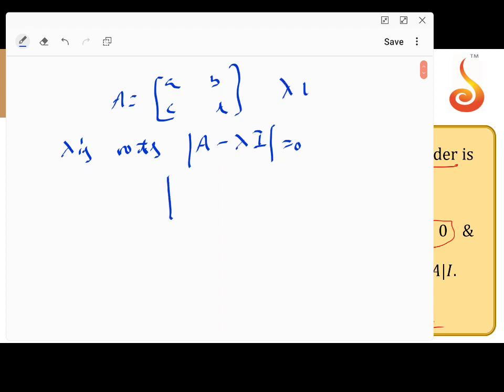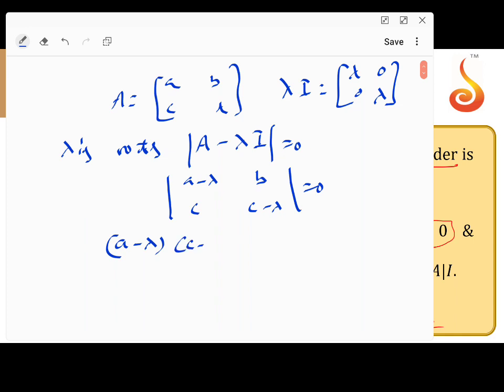What is λI? λI means [[λ, 0], [0, λ]]. If you subtract, we get [[a − λ, b], [c, d − λ]] equal to 0. Now cross multiply, just find the determinant: (a − λ)(d − λ) − bc = 0.